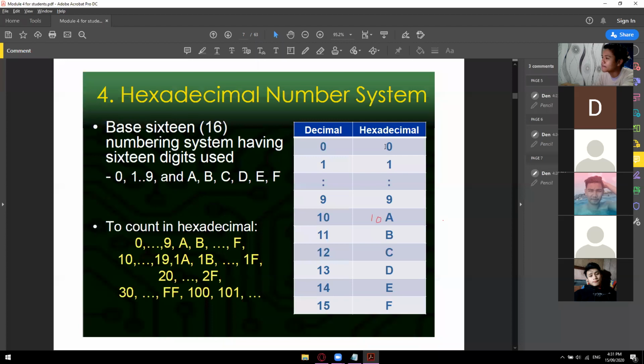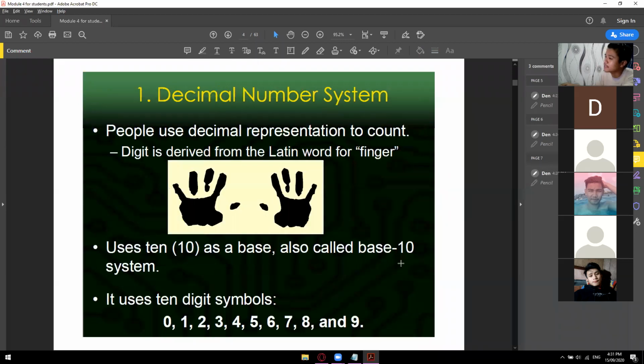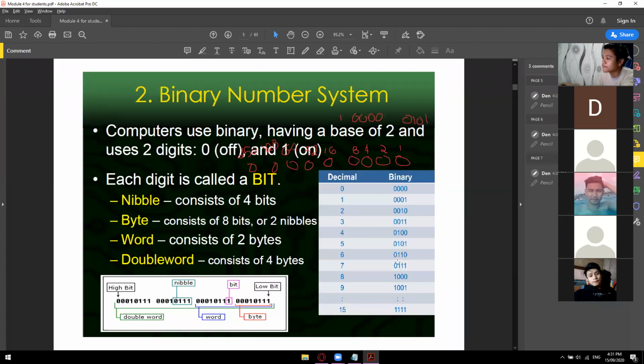Kasi kapag ang basa nyo dito is 0 to 9 and then nag-10 ka ulit dito, ibig sabihin, decimal ang binabasa mo. Hindi siya hexadecimal. Kapag kailangan mo ng hexadecimal na value, ito dapat ang gamitin mo: letter A, B, C, D, E, F. So yun yung pinagkaiba nila dito sa decimal natin.